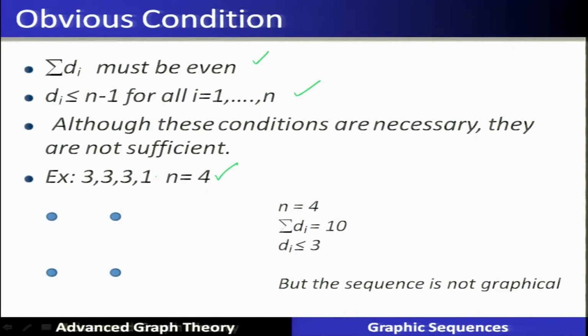Here n is equal to 4, so the maximum degree is 3, which is allowed, and the degree sum is 10, which is also an even number. So although these necessary conditions are satisfied, it is not sufficient to say that this sequence is a graphical sequence.